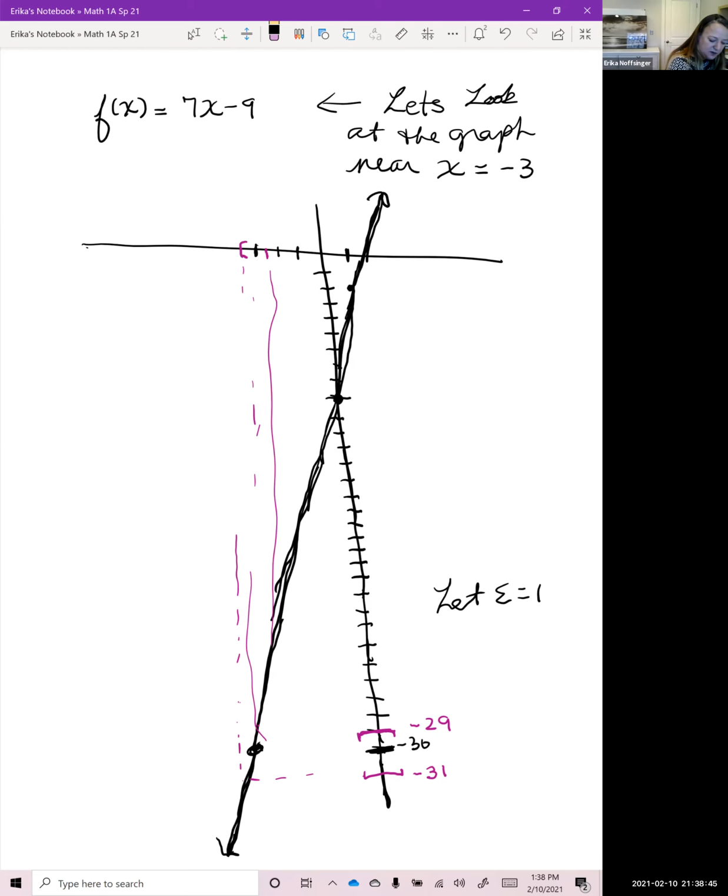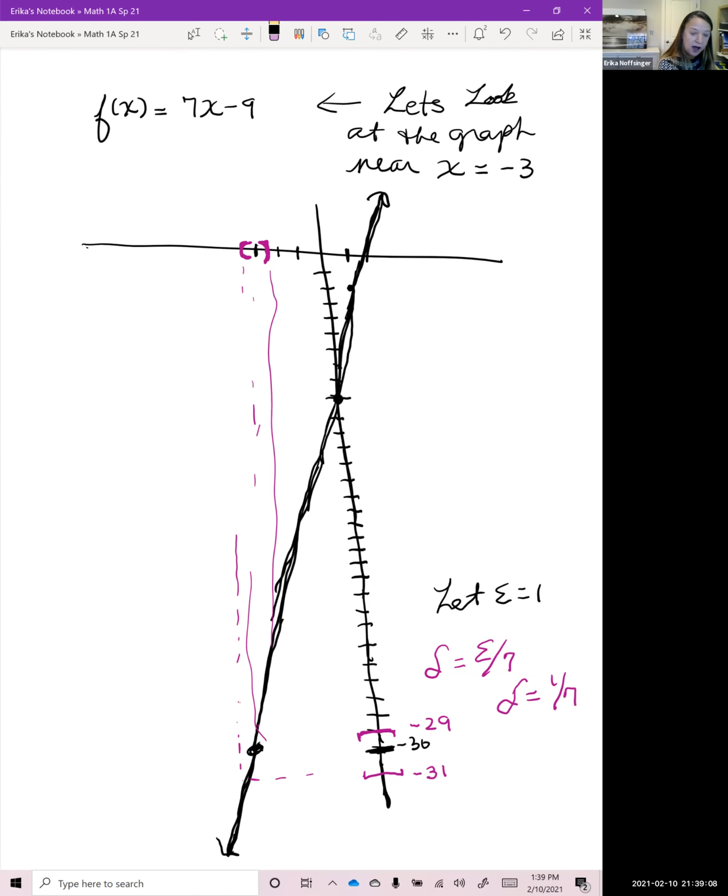Basically, this delta that we need, we have to stay within this interval. And we had epsilon divided by 7, so delta was equal to this. In our case, if we chose epsilon to be 1, delta would equal 1/7.